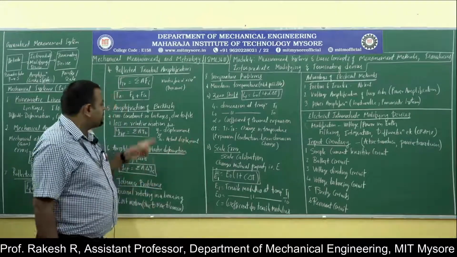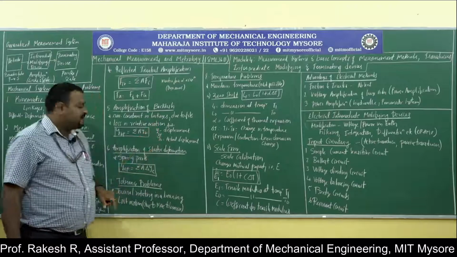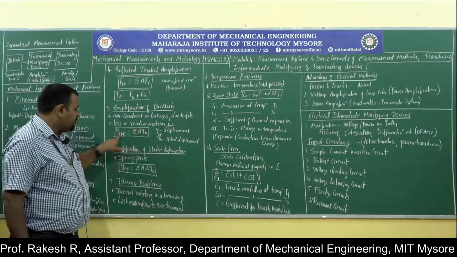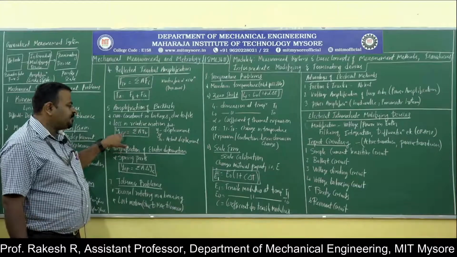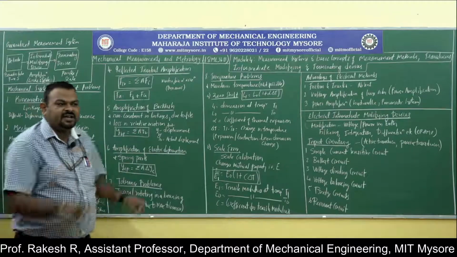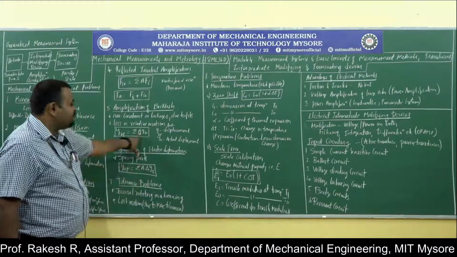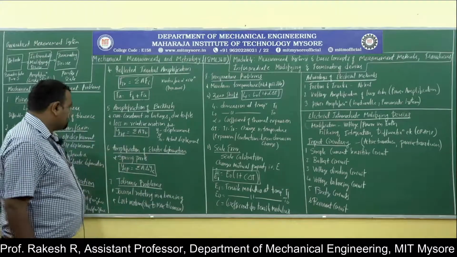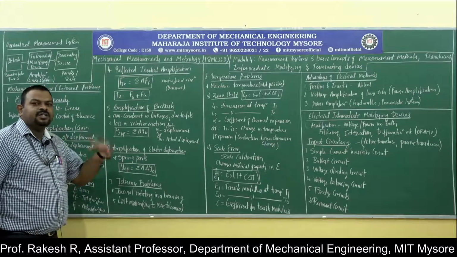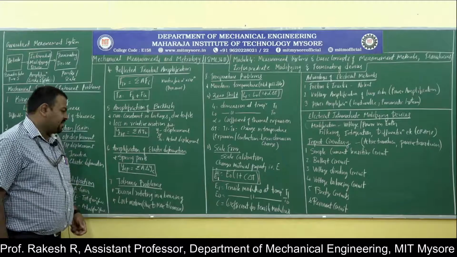And this backlash is measured in terms of displacement. So YB is the actual displacement due to backlash, YBP is the total displacement due to backlash error, and A is the amplification. Again, in all the cases there will be amplification or gain. This is an equation to fix the backlash. Calculate how much backlash will be generated.